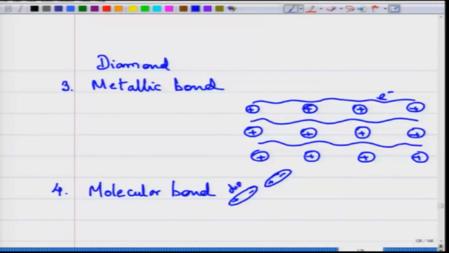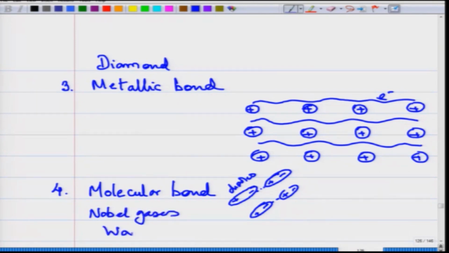Because of the dipole-dipole interaction, these molecules arrange themselves into an ordered structure and there is an attraction between these molecules, giving rise to the molecular bond. For example, solids formed out of noble gases, or wax, polymers like wax and so on, have molecular bonds inside them.